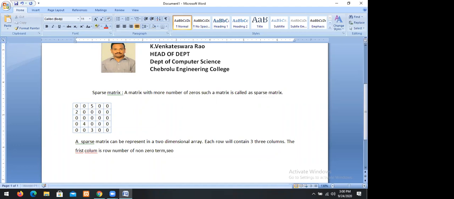The second column is the column number of the non-zero term. The third column is the value.